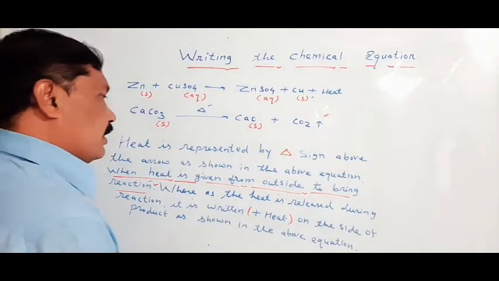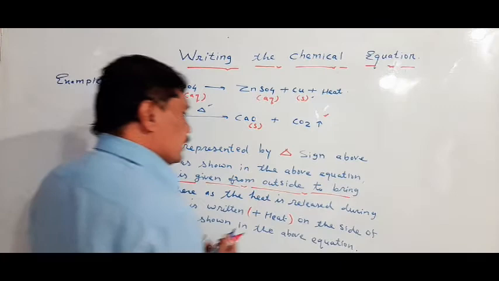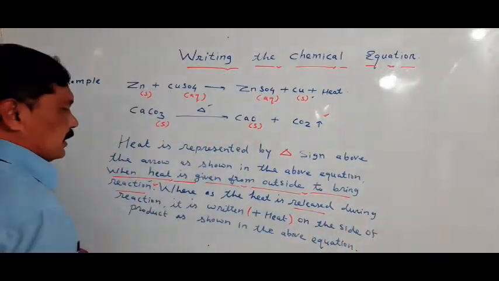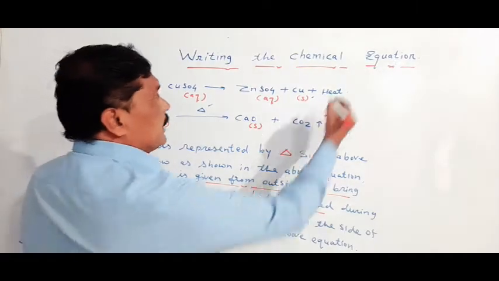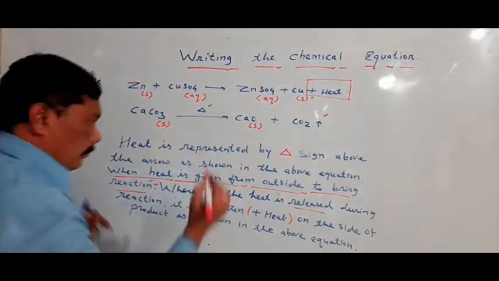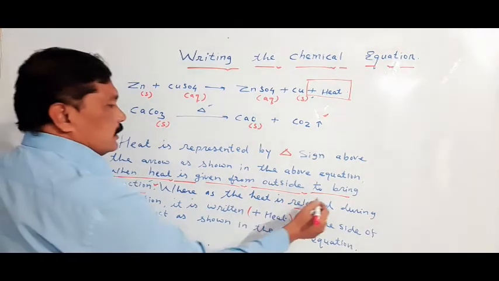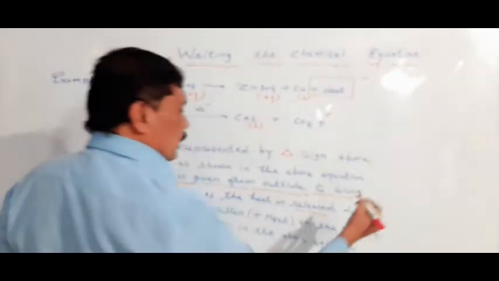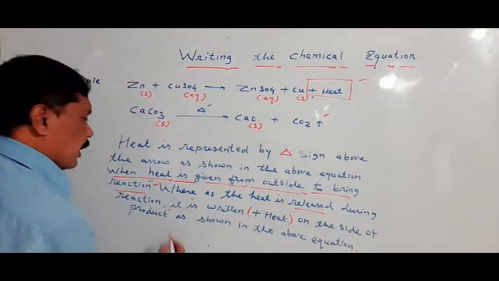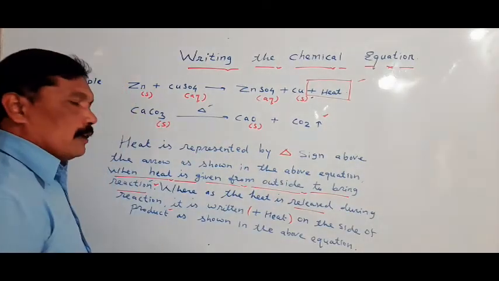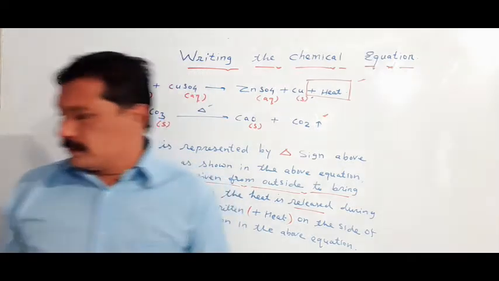Whereas when the heat is released during reaction, it is written plus heat on the side of product as shown in the above equation. One more example we will consider.